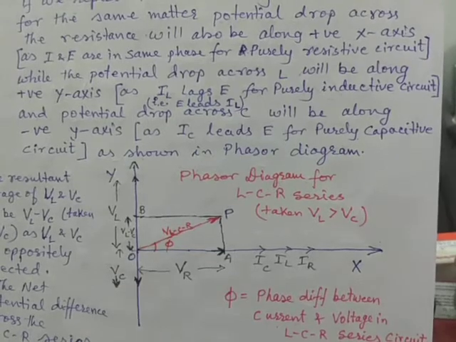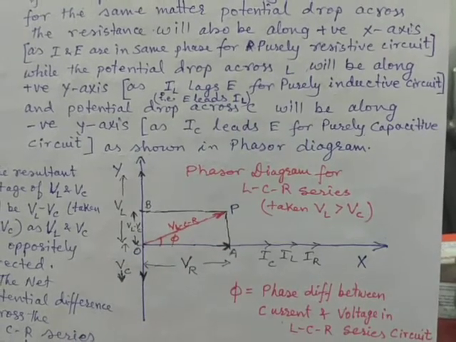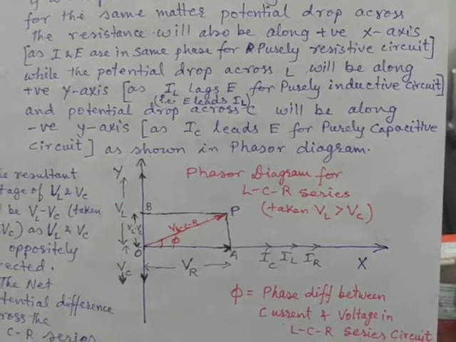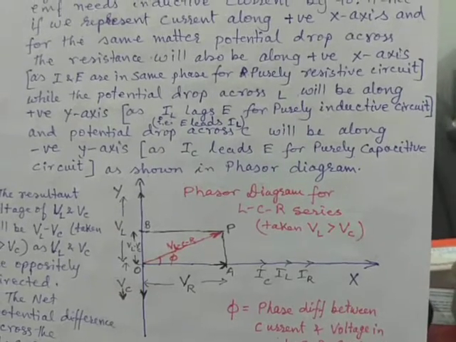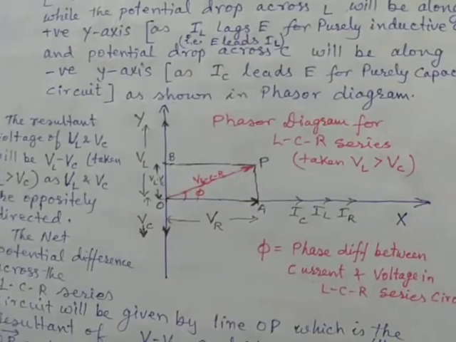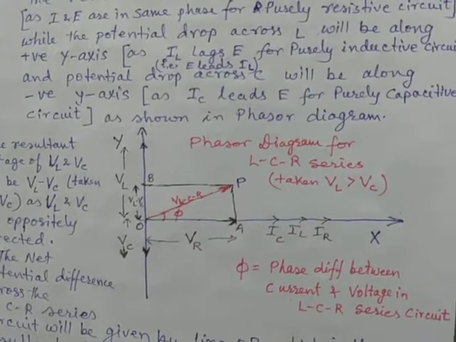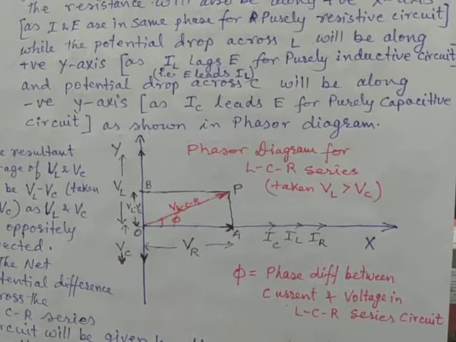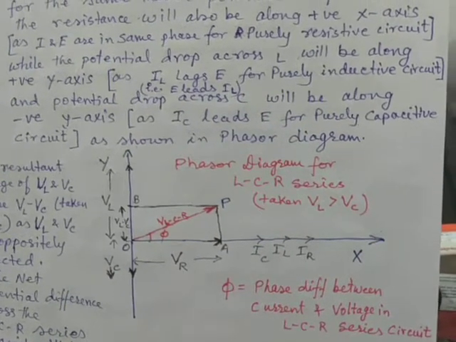They are at 90 degrees, therefore the resultant of these two will be given by the Pythagoras theorem. So OP square is equal to OA square plus AP square, that is OB square.